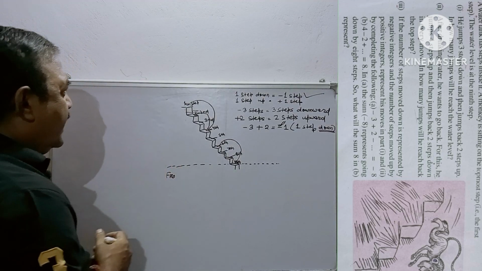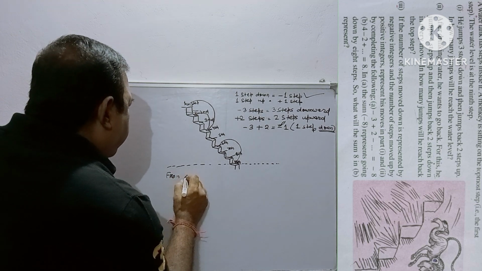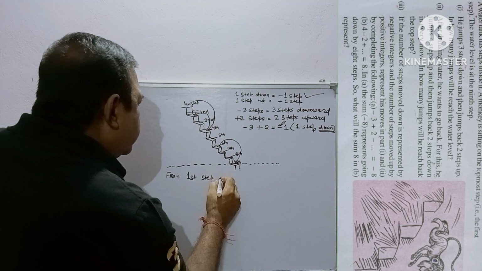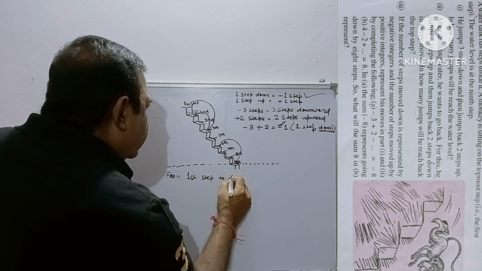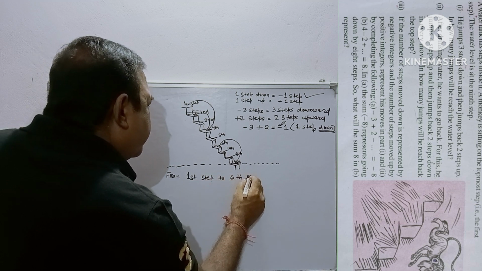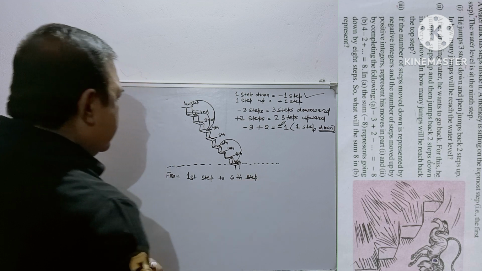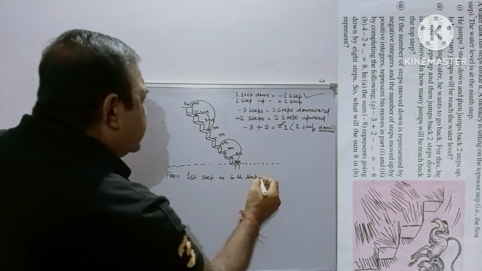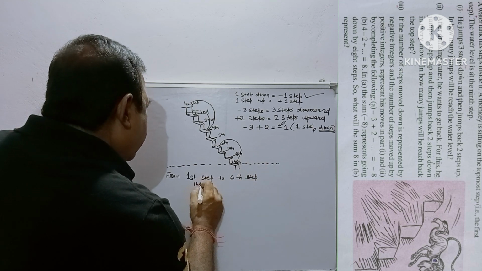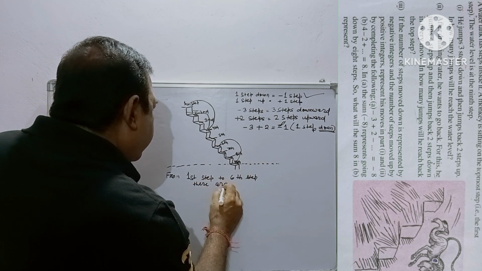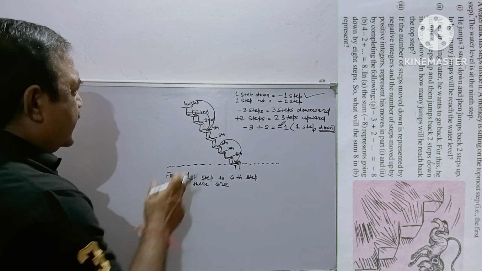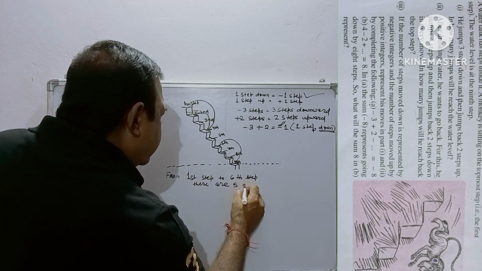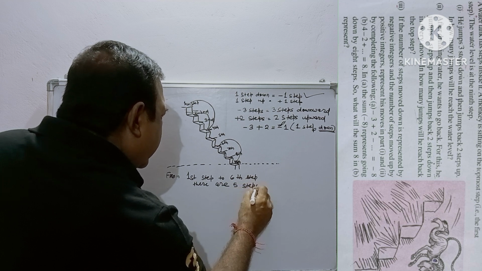So you see, from first step to 6th step, how many steps are there? 6 minus 1, 5 steps. Yes or no?